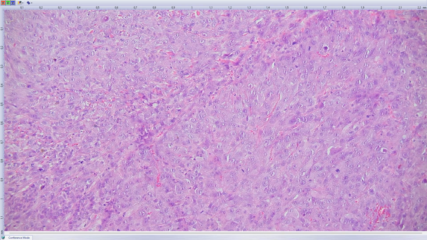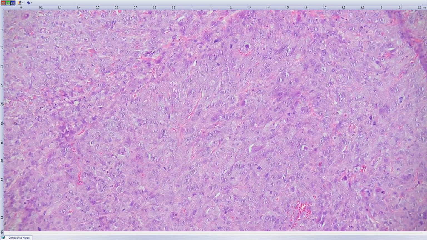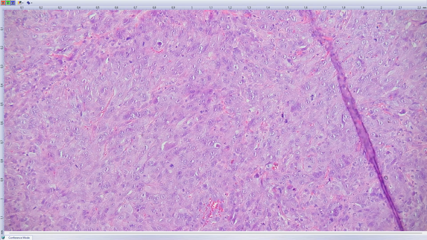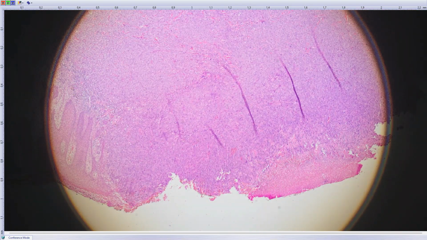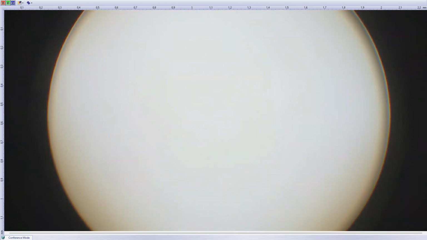You can see that indeed the cells have prominent nucleoli, and otherwise the morphology for melanoma is very good. So more genetics was added, and there was an NRAS mutation, so this was diagnosed as a dedifferentiated melanoma. I was looking for cases of dedifferentiated melanoma, so that's how I found this case. So yeah, always, if you are thinking about AFX, do all the immunos and look at them carefully. Don't just look through the window.